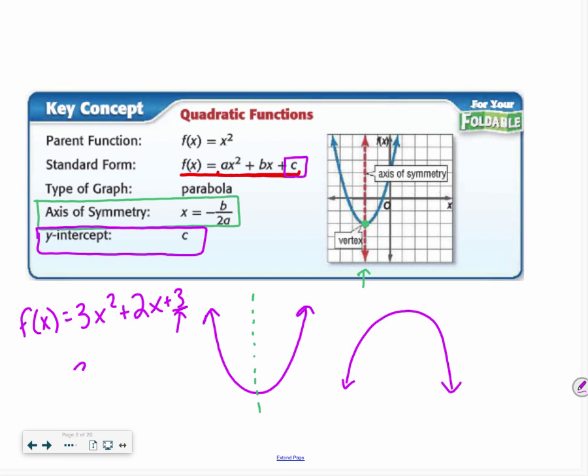If you just had 3x squared plus 2x, your y-intercept would be 0. It's like having a plus 0 there, but we never write plus 0. So even if there's no number there, it doesn't mean that there's no y-intercept. It just means it'll intercept at 0.